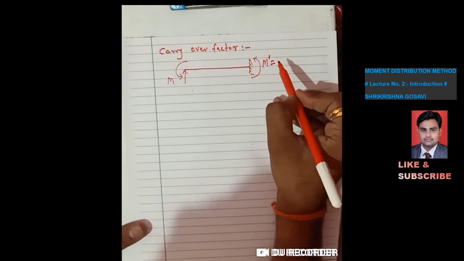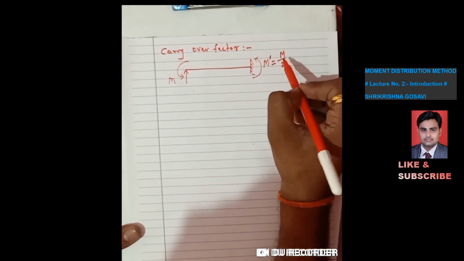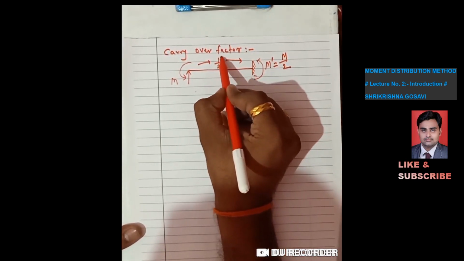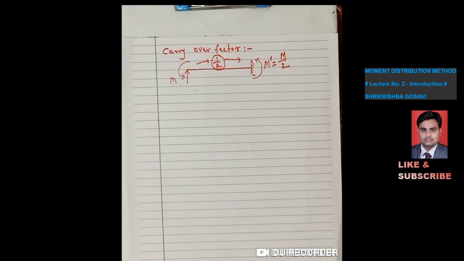We know that the value of M dash is M by 2. So this 1 by 2 is nothing but your carryover factor.